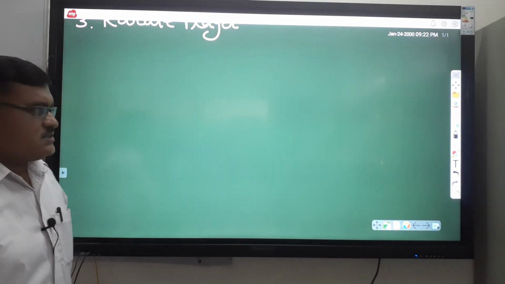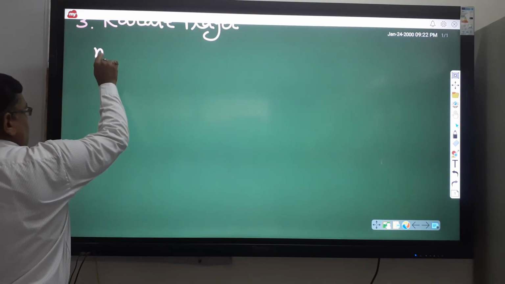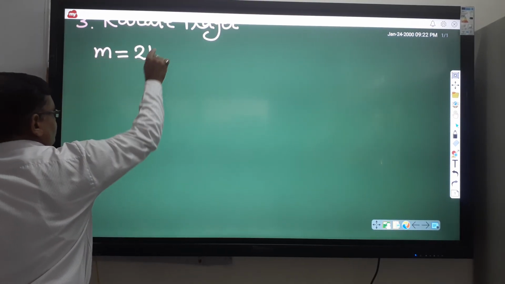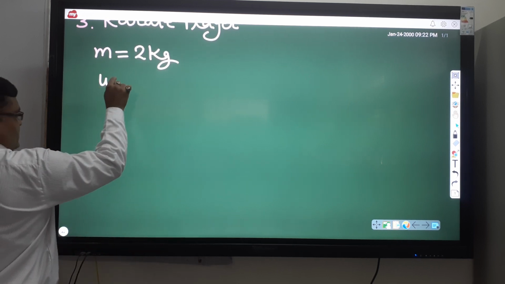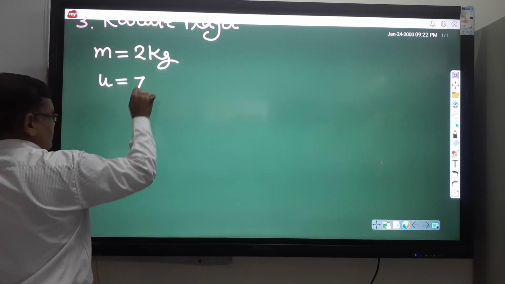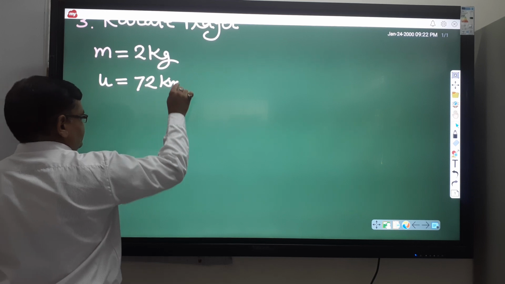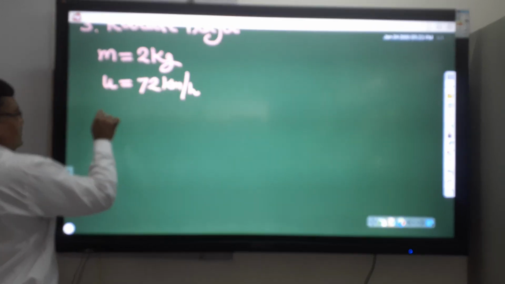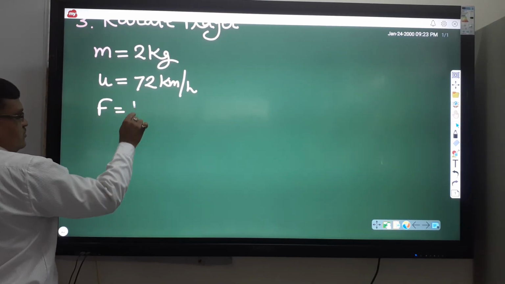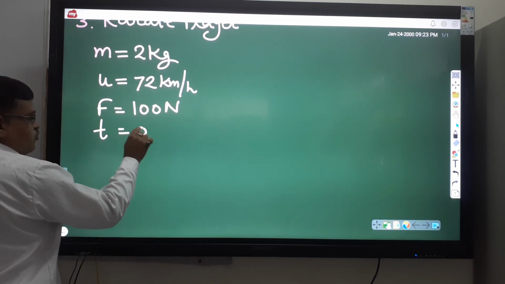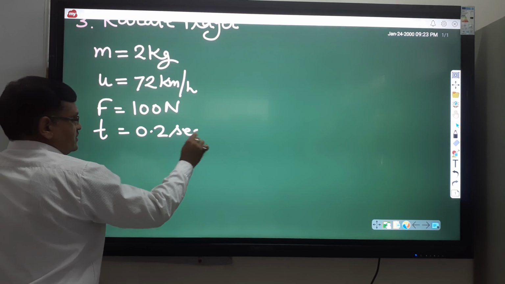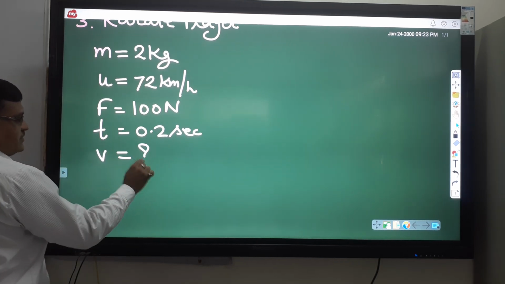The numerical is: an object of mass m, which is 2 kg, is moving with initial velocity 72 km per hour. If 100 Newton force is applied for the time 0.2 second, then what is the final velocity?